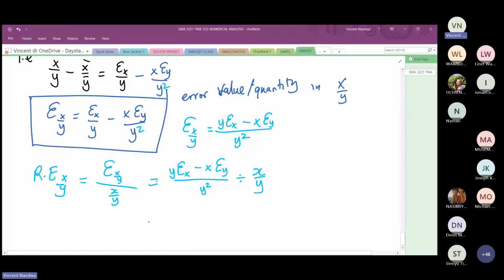And so this will be y error in x minus x error in y over y squared. Then you multiply by the reciprocal, which will be y over x.